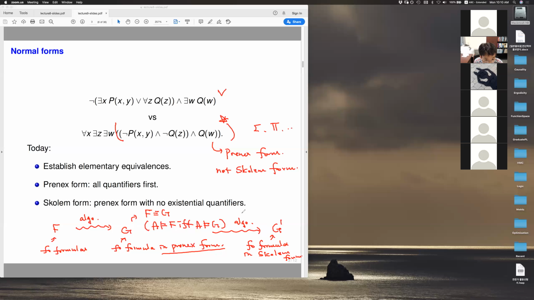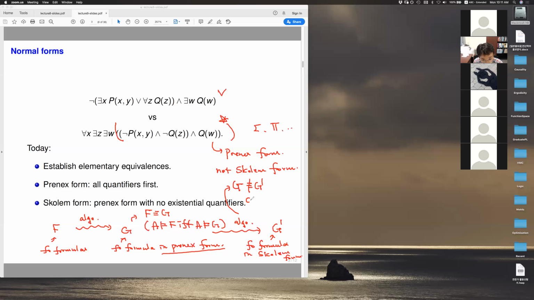But this algorithm has a kind of unusual property. We no longer have G equivalent to G prime. This is unlikely to be true. I mean, usually this fails. So G and G prime mean something different. But this algorithm preserves satisfiability.